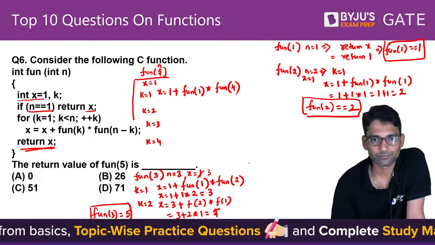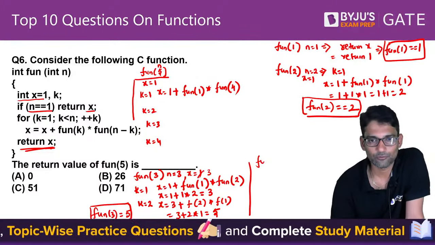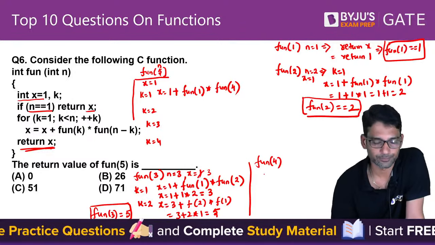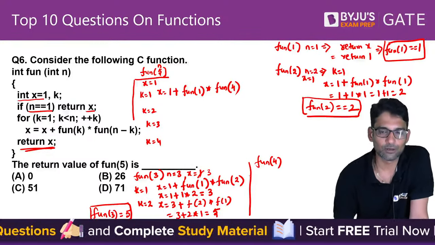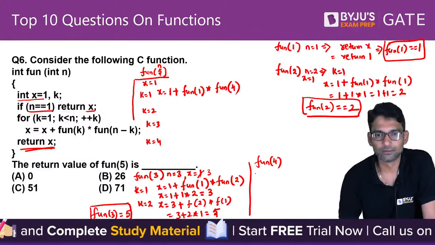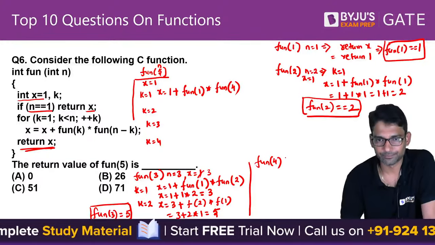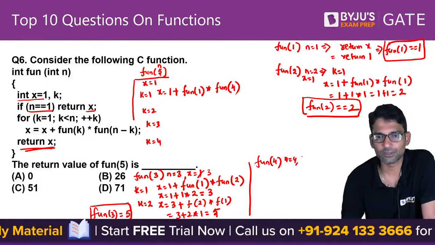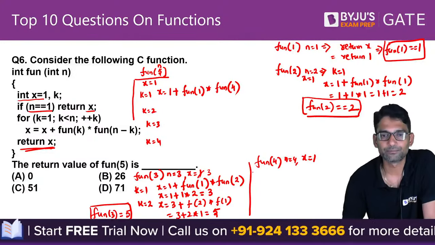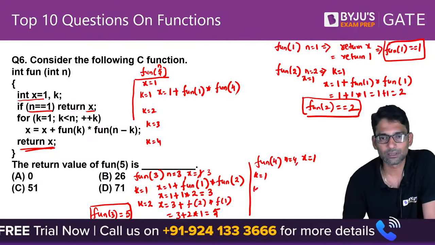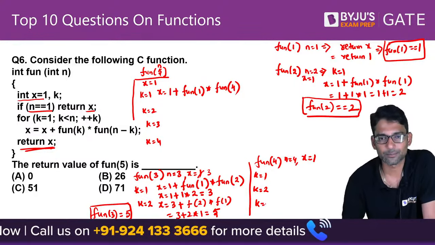Now, fun of 4. Here again n is 4, x initialized to 1. Now, the loop runs thrice.